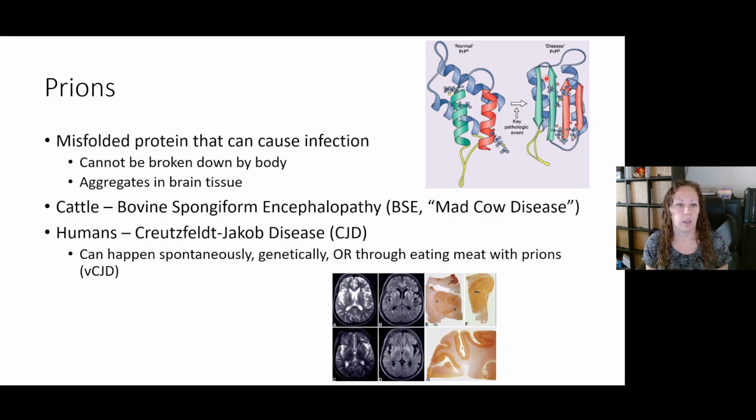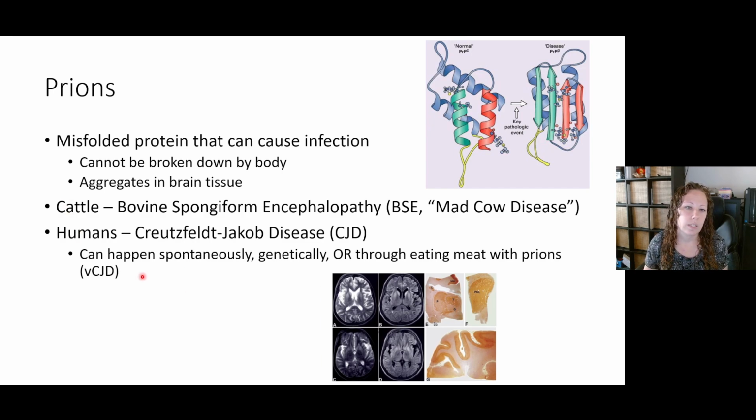And in all of these forms, no matter which animal or human is getting it, it can happen spontaneously, usually in older animals. It's just things stop working as well and they break down and they don't fold right. There is a genetic component that more people are prone to getting Creutzfeldt-Jakob disease, or through eating meat with the prions in it.